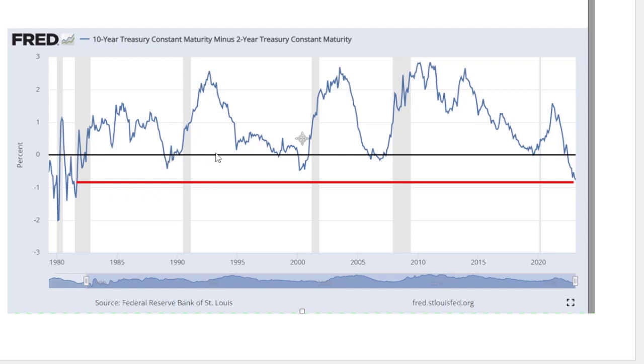And this black line represents zero. Above that, yield curves are steepening. Below that, they're actually inverting. So since World War II, every time the 2 and 10 yield spread has inverted, come under this black line, a recession has followed.